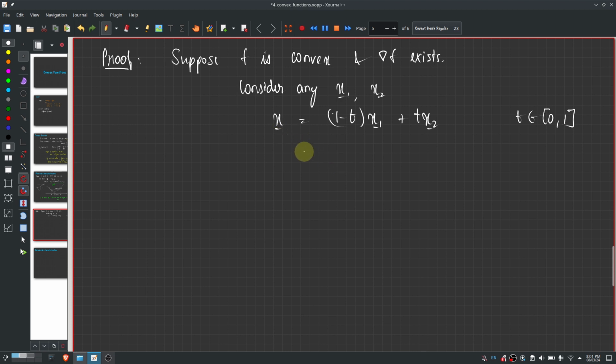I can also write this as x1 plus t times (x2 minus x1).